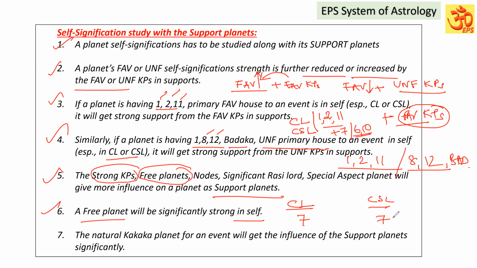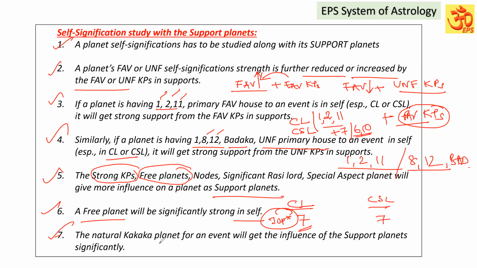If this planet, suppose Jupiter, is a free planet, being the cuspal lord, and having some houses ownership for one house and cuspal sublord for the same house or any house, a free planet in itself, this planet is always stronger in self-signification. A free planet is strong in self-signification because no planet is in its star. So that planet has to give its significations on its own to other planets.